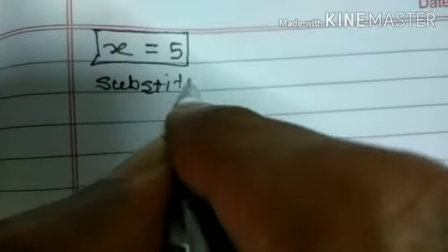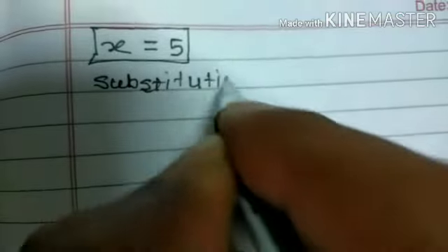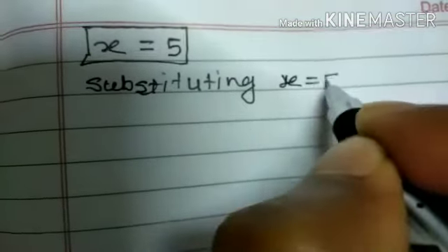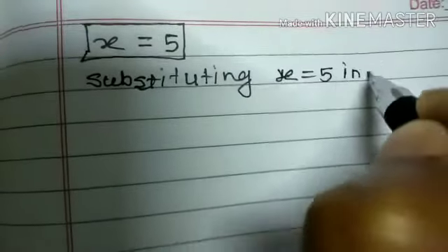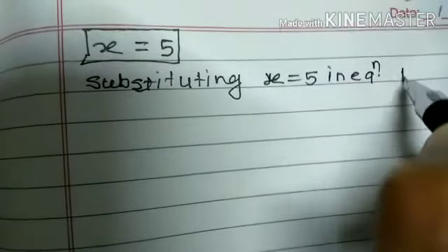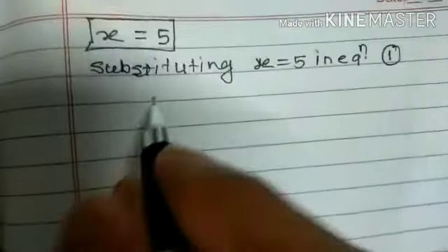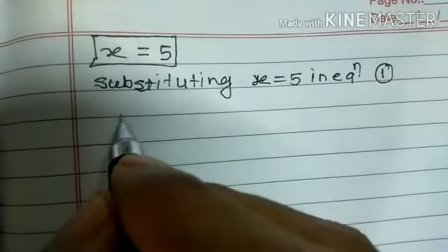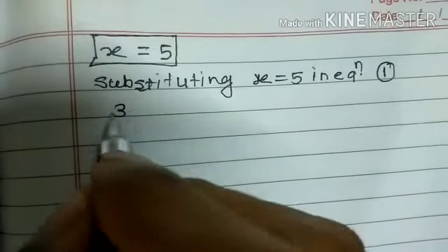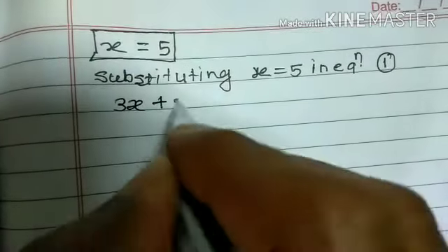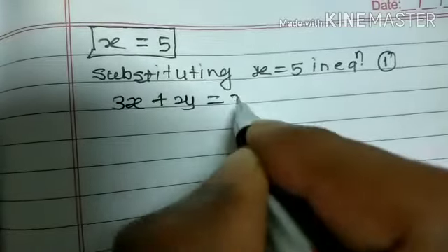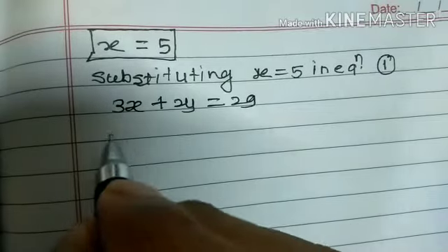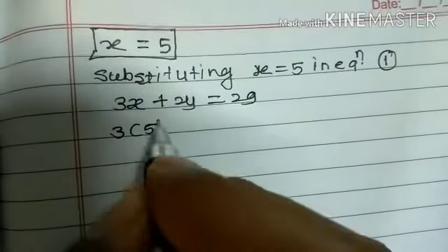Equation 1 is 3x plus 2y is equal to 29. Put the value of x is equal to 5 here.